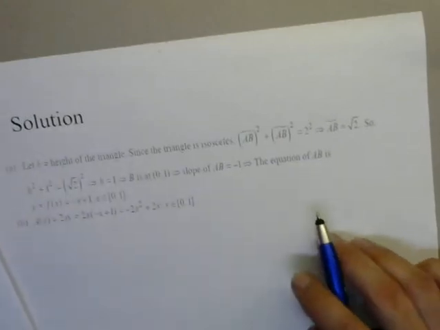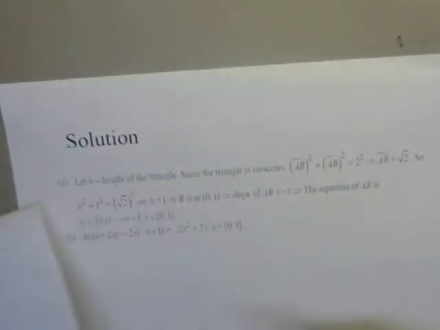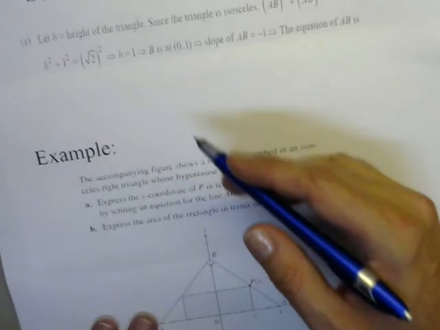I guess we're looking for the length of this here first, right? So the hypotenuse of the triangle should be the square root of 2. So in this case you'd have the height squared, so this distance, which we don't know, squared, plus this distance here, which is 1 squared, should equal the hypotenuse, which has a length of square root of 2 squared.